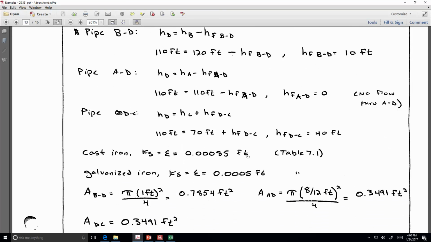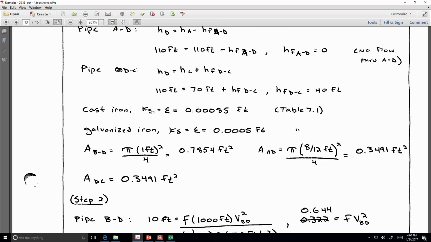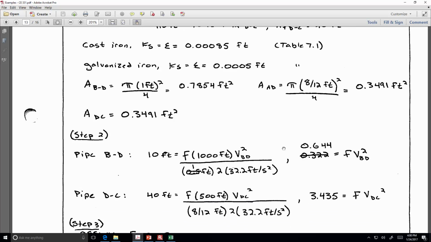All right, the cast iron pipes, here's the K sub S value, and for galvanized iron, calculated the cross-sectional areas for those. And then I put it into the Darcy-Weisbach equation because I want to find out what is the velocity but I still don't know an F value either.